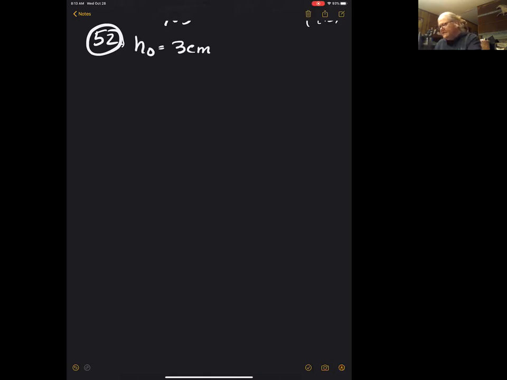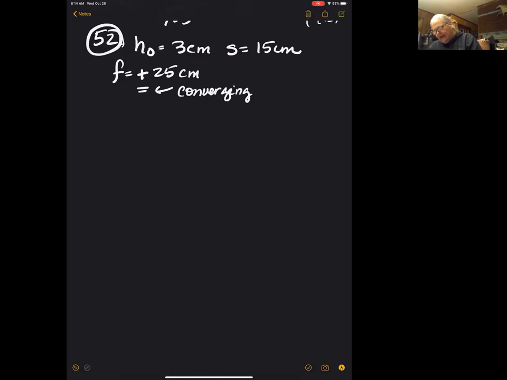The object distance, which in this book they use S and S prime for that, so S, which is the object distance, is 15 centimeters. And the focal length of the mirror is 25. Since it's a converging mirror, that's a positive 25 centimeter focal length. If you look at your sign conventions, it will tell you that.